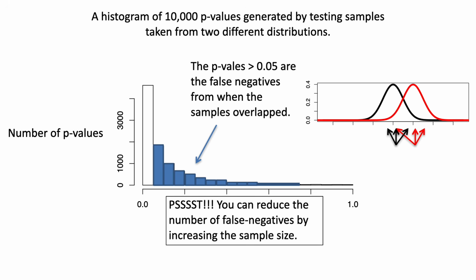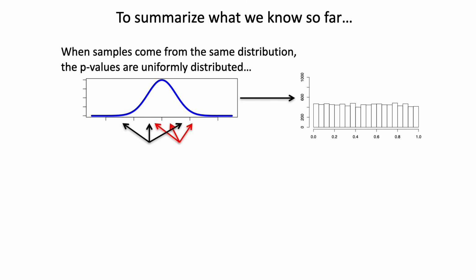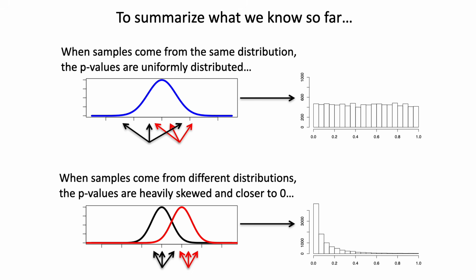You can reduce the number of false negatives by increasing the sample size. To summarize what we know so far, when the samples come from the same distribution, the p-values are uniformly distributed. But when the samples come from different distributions, the p-values are heavily skewed and closer to 0.